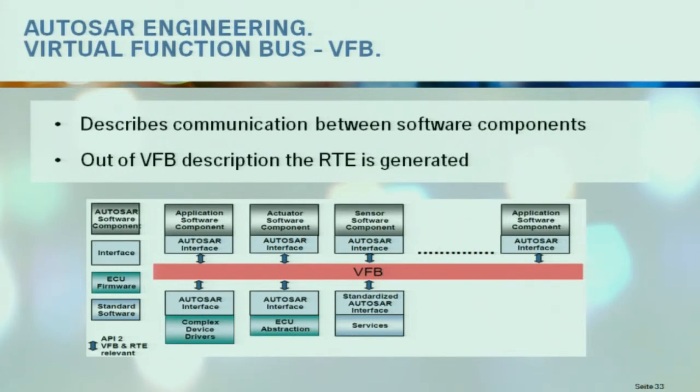If, let's say, you distribute the first two software components onto the same control unit, the virtual function bus realizes this and just generates the right communication mechanism for the RTE. If you distribute them on different control units, then the RTE is generated so that it passes the information to the bus driver, let's say CAN driver or FlexRay, whatever your bus system is.